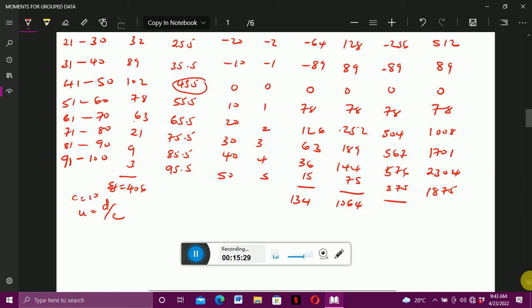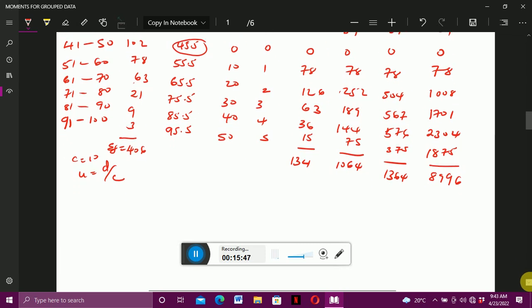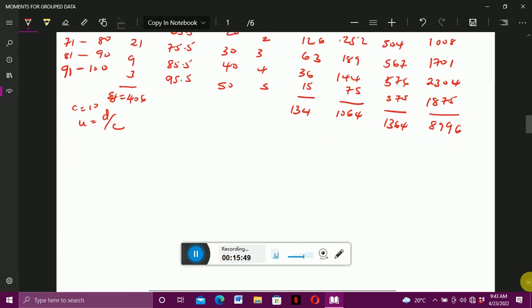We sum fu raised to power 3. You get 1364. And when we sum the other one, we get 8996.